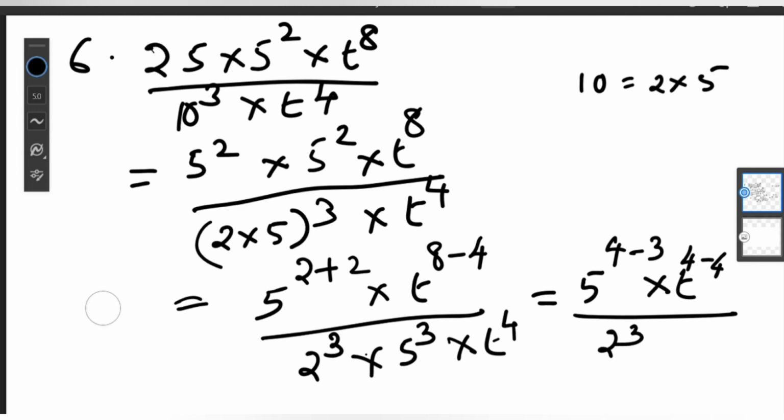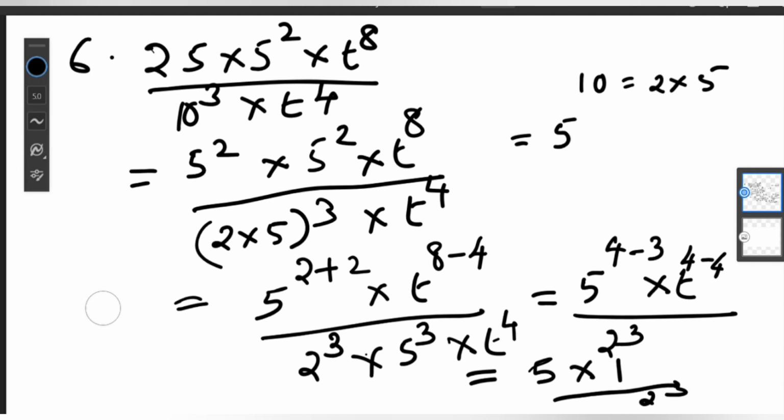That is equal to 5 raised to 4 is there on the top side, 4 minus 3, into t to the power 8 minus 4, by 2 cube. How much is that? 5 to the power 4 minus 3, 5 into t to the power 4 minus 4, 0. Any number raised to 0 is 1, whole divided by 2 cube. So this is the answer.